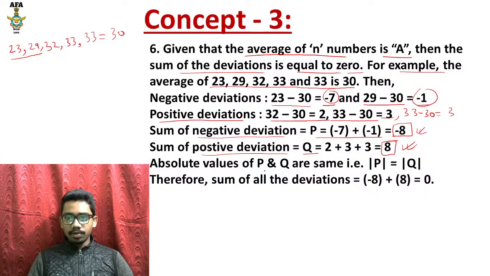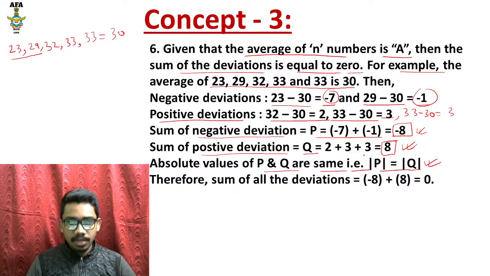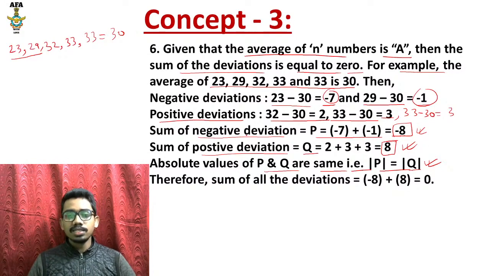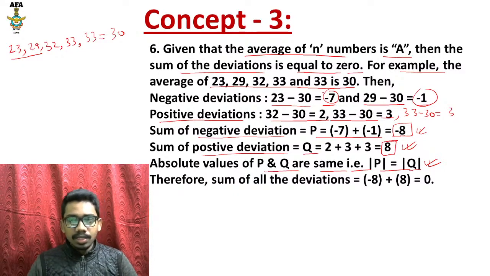The absolute values of p and q are the same, that is mod p equals mod q. See, the sum of negative deviations is minus 8 and the sum of positive deviations is plus 8. So their magnitude is the same but their sign is different. They have the same magnitude but opposite signs.